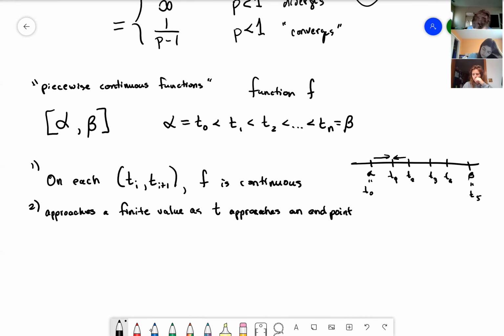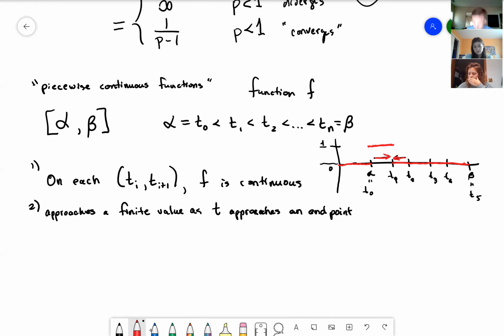So here's an example. Let's say this is 1 here and 0 here on the y-axis. We have a function that as we go along, it's 0 all the way up to alpha, and then it jumps up to 1, like this, all the way up to T1, and then it drops back down to 0. As we approach these endpoints, coming in from this side, we're approaching 1.